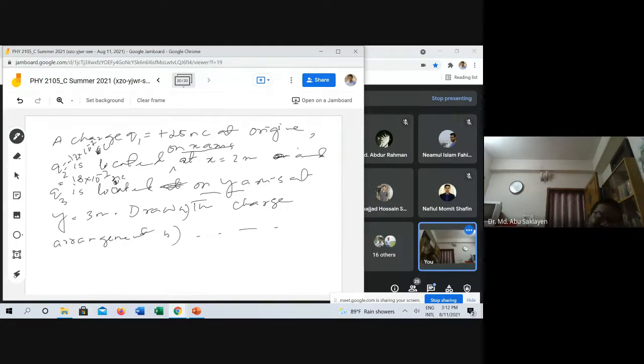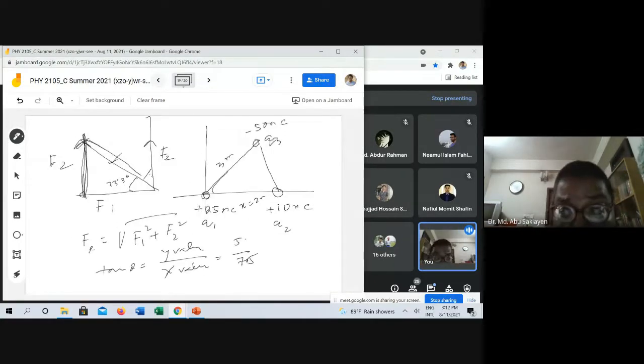Okay, so in this way you can draw the arrangement and find F1, F2 and the resultant. But I'm talking about this one.